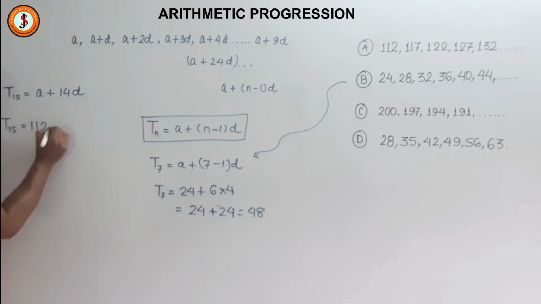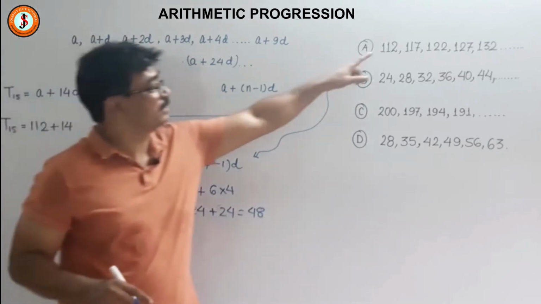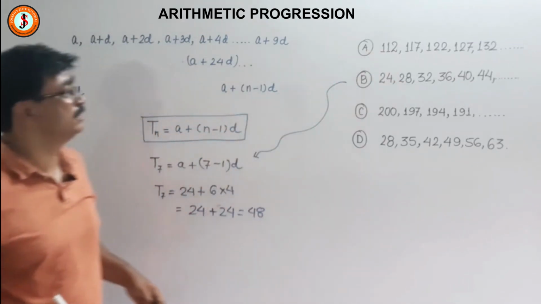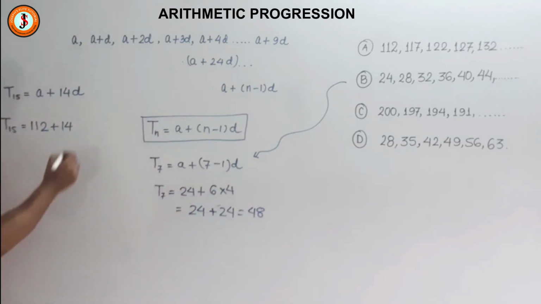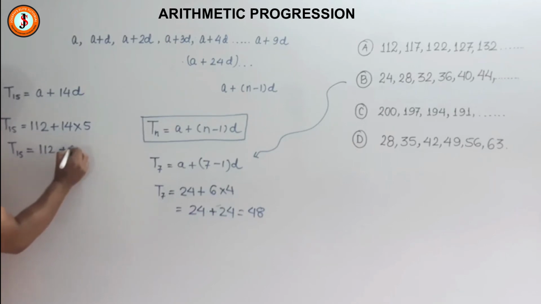And what is D? Any term minus the preceding term, so 117 minus 112, that is 5. So T15 will be 112 plus 14 times 5, which is 70. So 182 will be the 15th term.